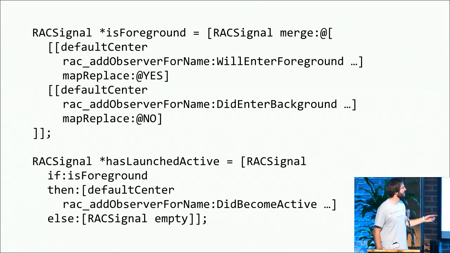So now our has-launched-active signal will look for when we've entered foreground or will enter foreground as yes, and whenever that's true, it starts passing us the values from the did become active signal. That's a good way, if you're using MVVM or something, to have a view model that doesn't bind to your UIApplication delegate, just by monitoring these notifications.